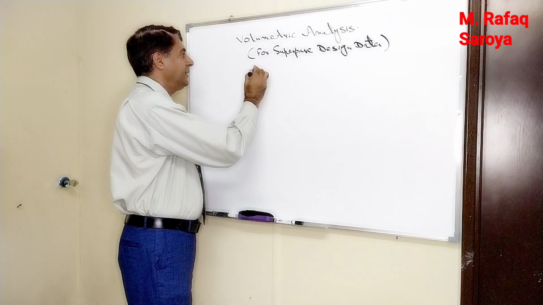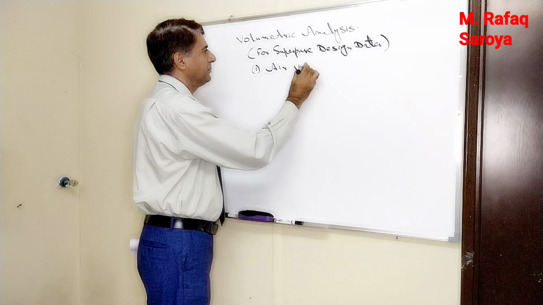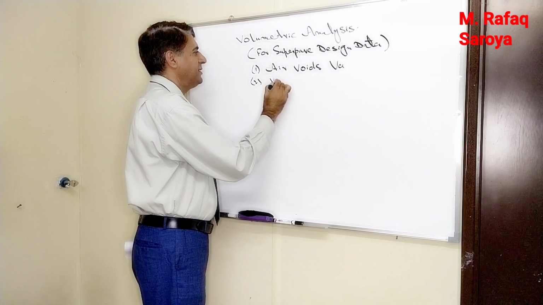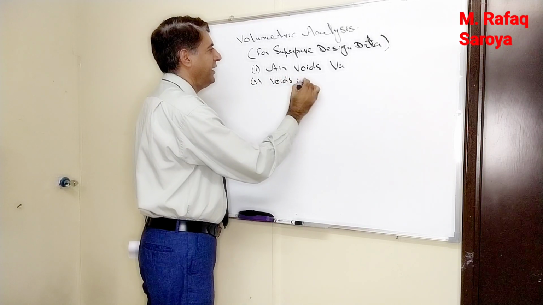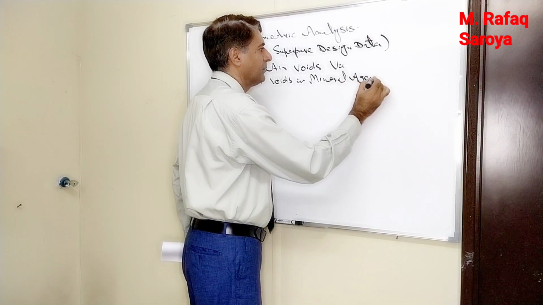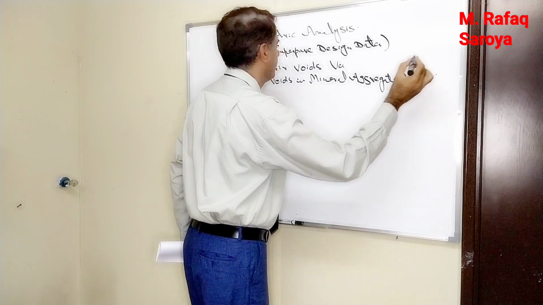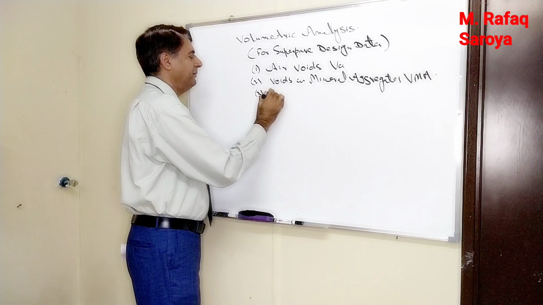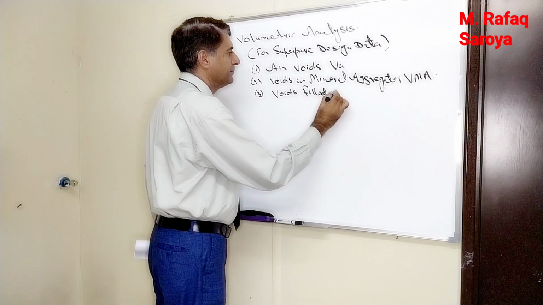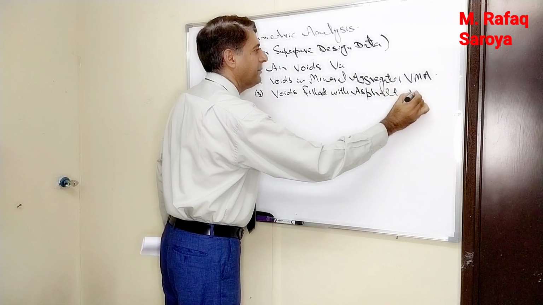This volumetric analysis consists of air voids, represented by VA, voids in mineral aggregate, VMA, and third, voids filled with asphalt, VFA.